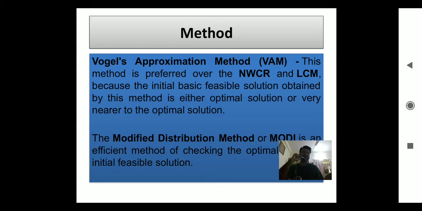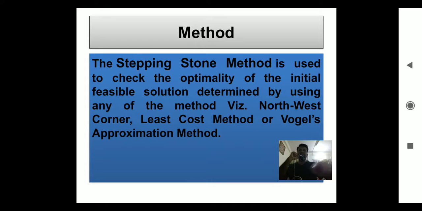We can find the opportunity cost from unallocated cells and get the result. Next method is the stepping stone method. This method is used to check the optimality of the initial feasible solution determined by using any of the methods, that is NWCR, LCM or VAM.